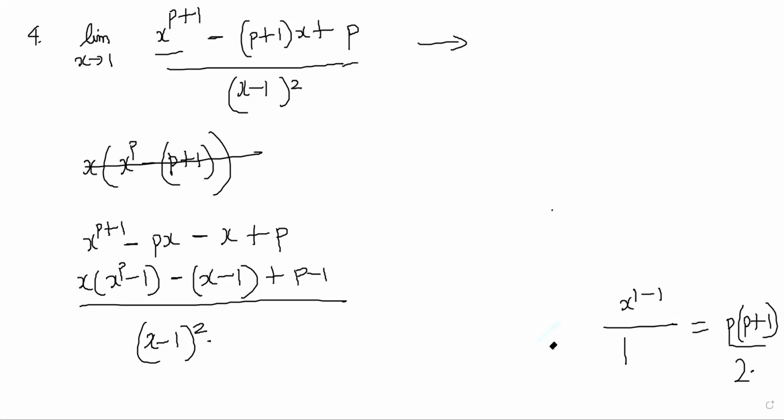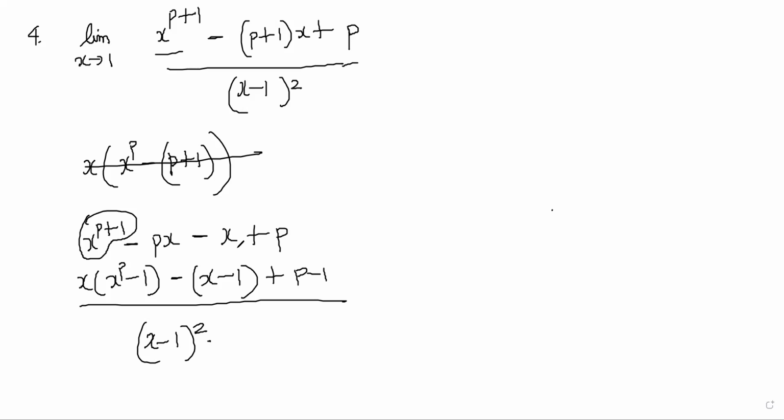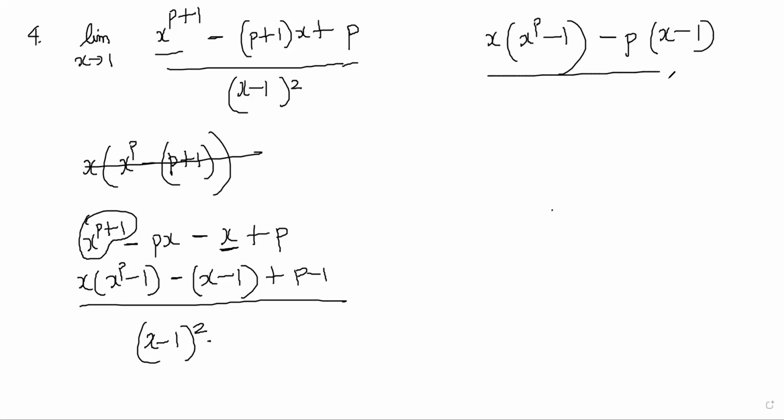You don't have to do this complicated thing. You can just simply do x common from first and third term, and that becomes x times (x^(p-1) minus 1), minus p common, (x minus 1), right? By (x minus 1) whole square.